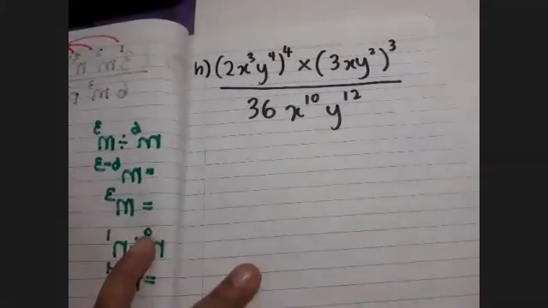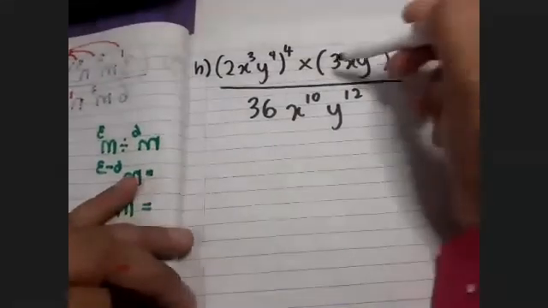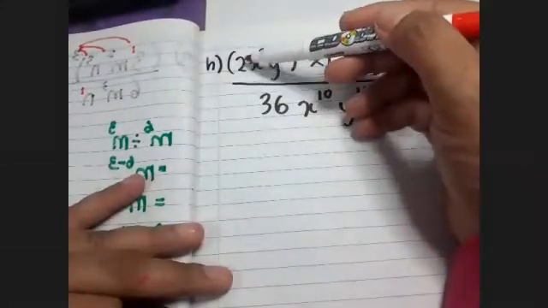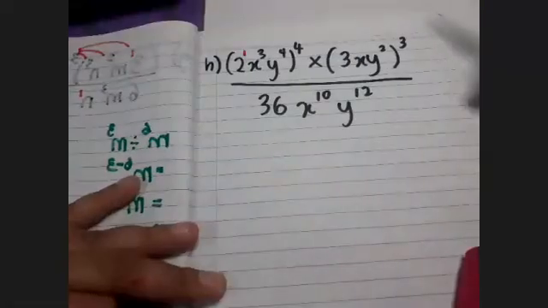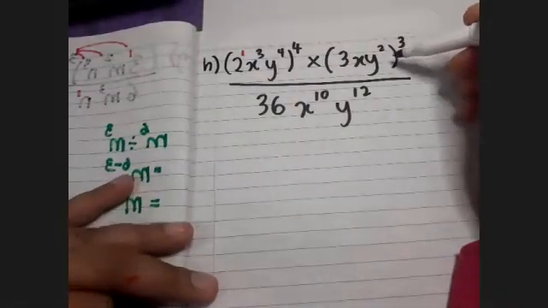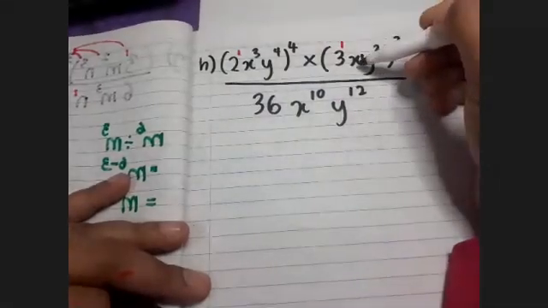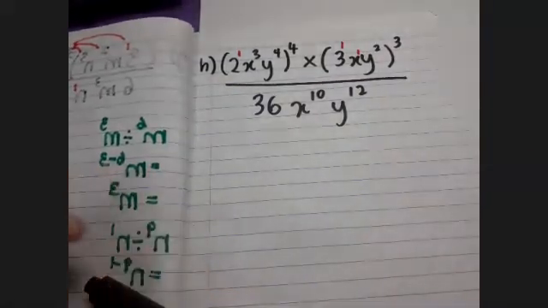Okay, first, look at the bracket. We have 2. So what is the power of 2? The power is 1. The index is 1. The second bracket, what is the power of 3? Also 1. What is the power of x? Also 1. You write the index first.